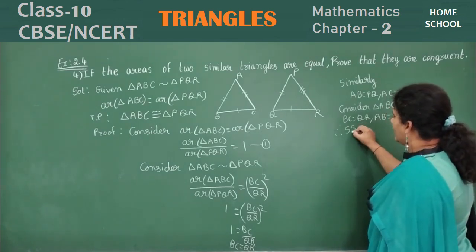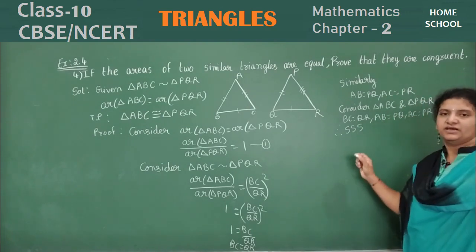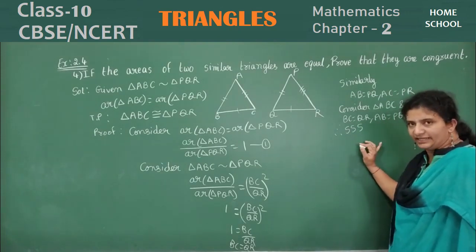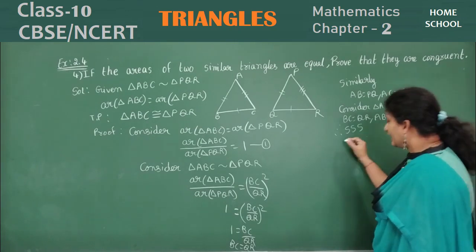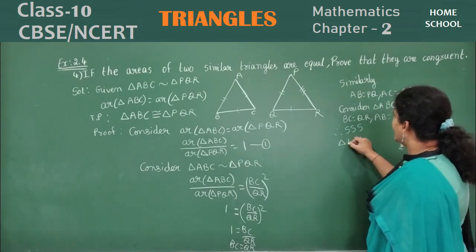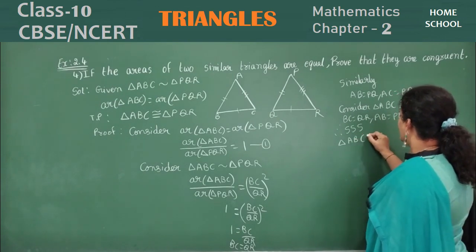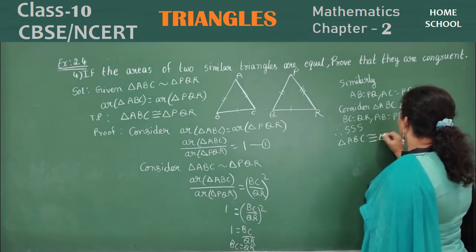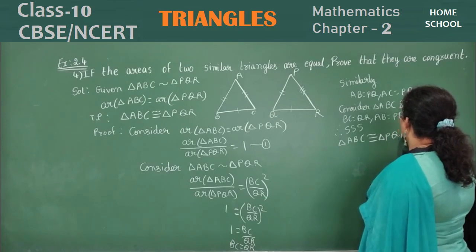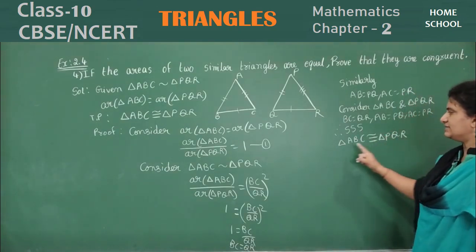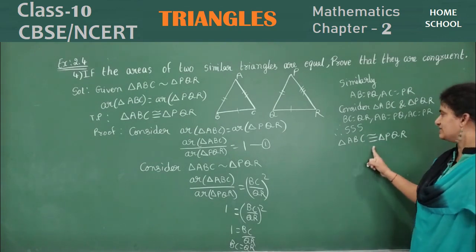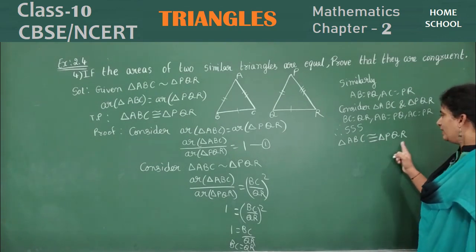Therefore, by SSS criteria, I can say that triangle ABC is congruent to triangle PQR.